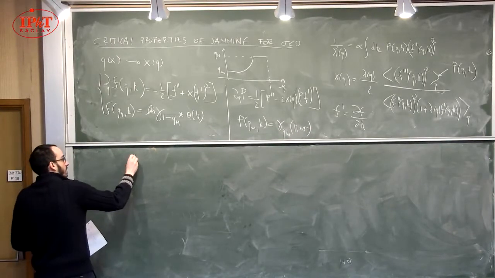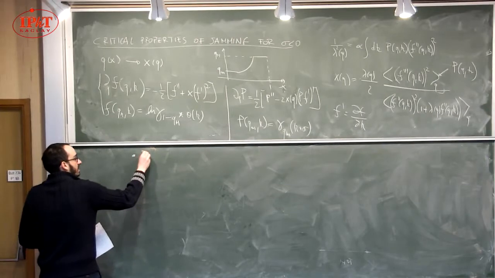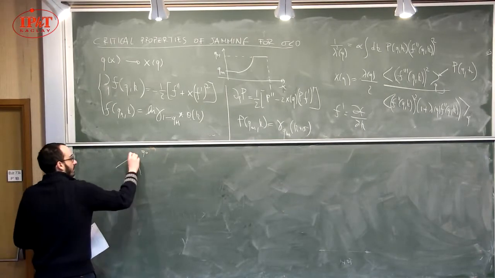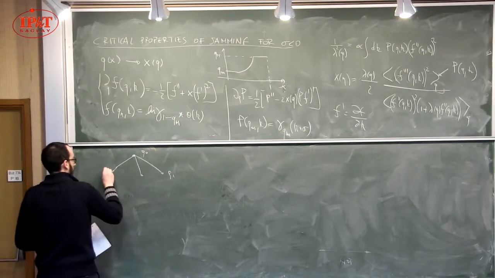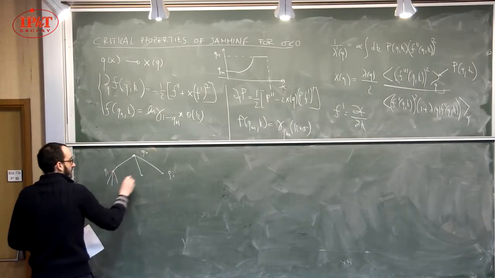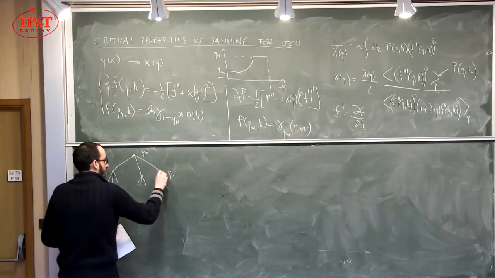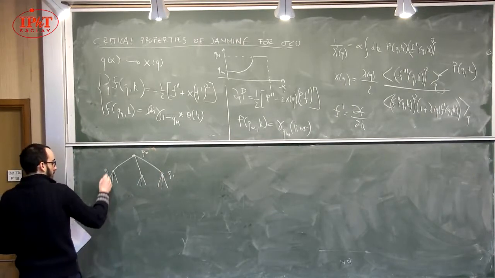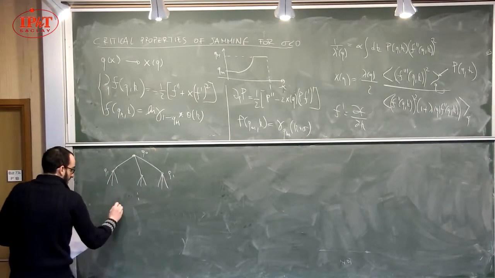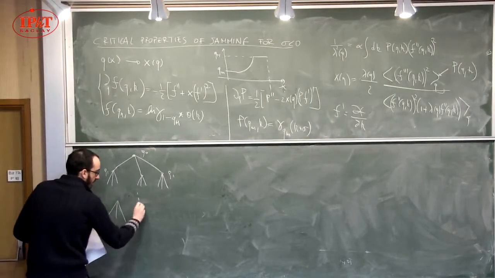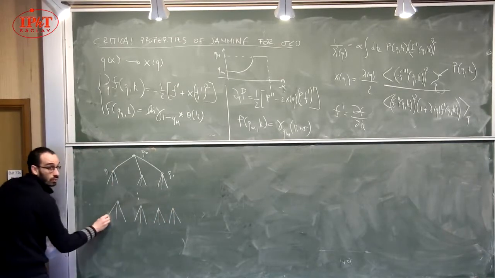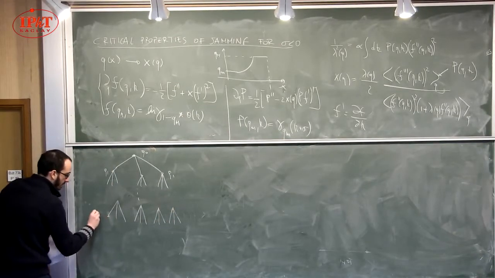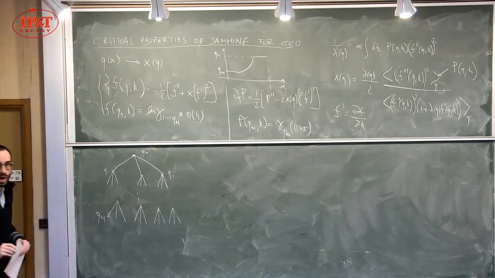So you have a big cluster of size Q0, then you have clusters of size Q1, and this hierarchical tree goes on up to the point where you have clusters of solutions, with size Qn.